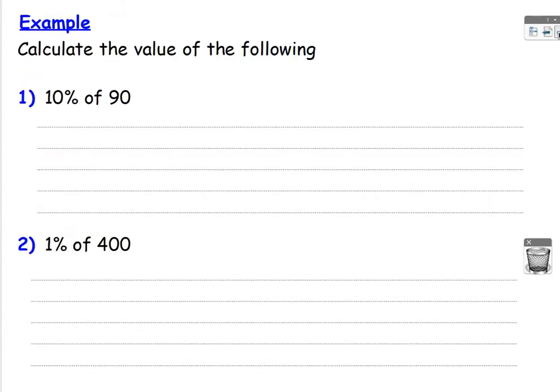So here, in the first example, we've got calculate the value of the following. Question 1, find 10% of 90. Now, 90 is 100%. That is the whole amount. Okay, so we want to find 10% of that. So I always start off by writing down 100% is equal to 90.